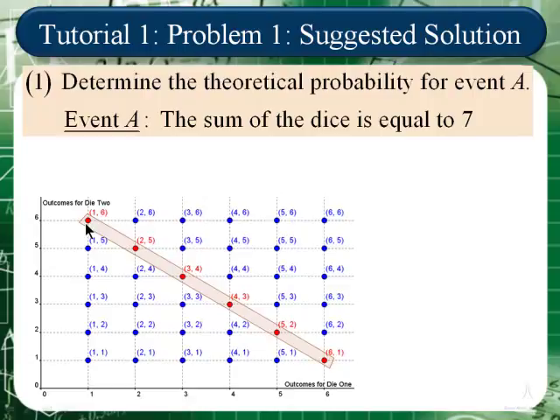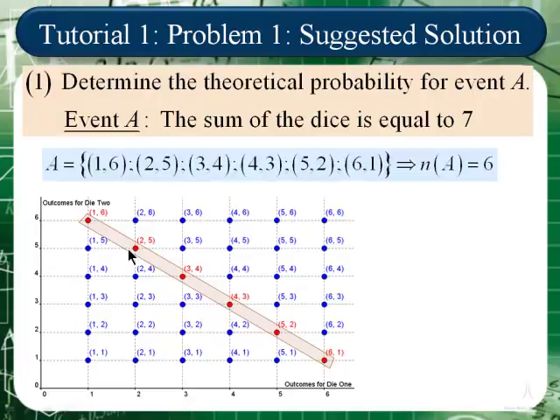So that will be the ordered pairs 1 6, 6 1, 2 5, 5 2, 3 4, and 4 3. So clearly there will be 6 ordered pairs in this particular event: (1,6), (2,5), (3,4), (4,3), (5,2), and (6,1). So this is how you can write it in set notation.